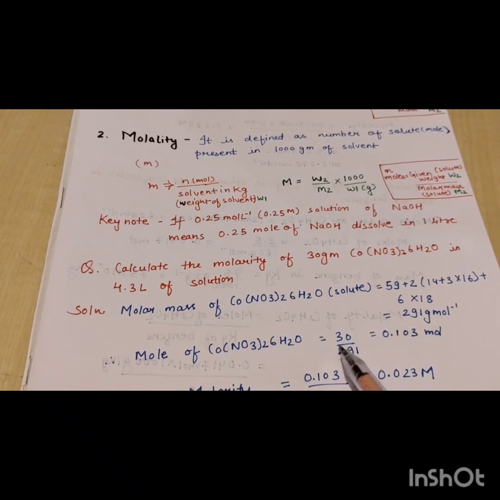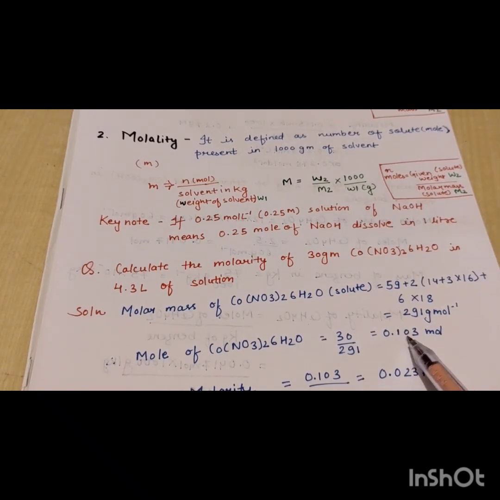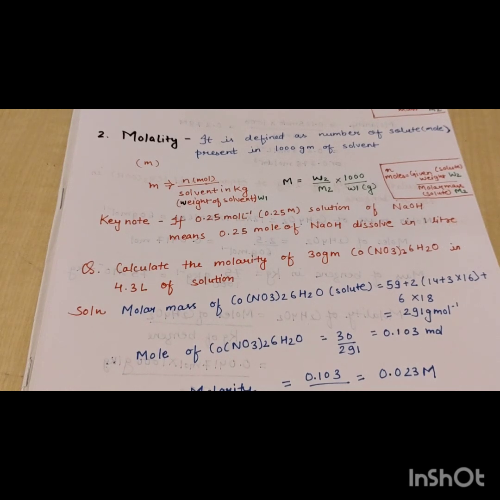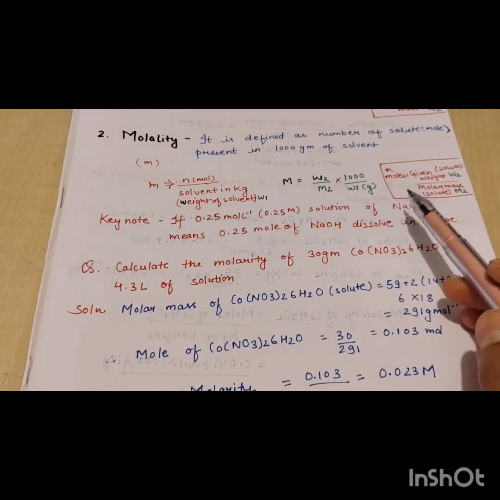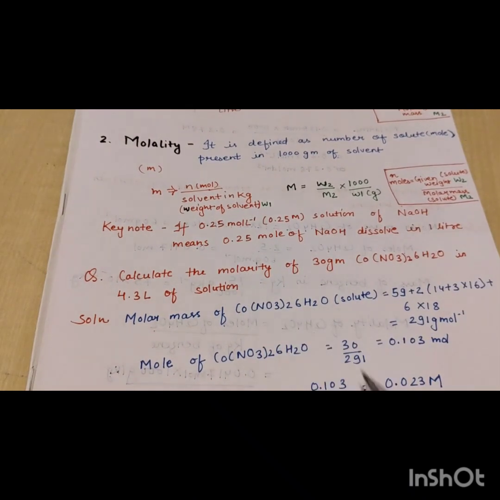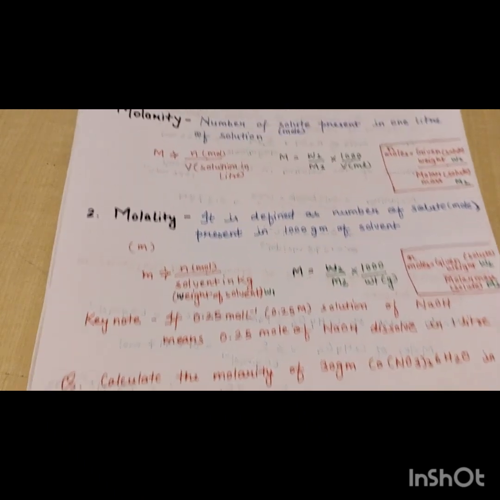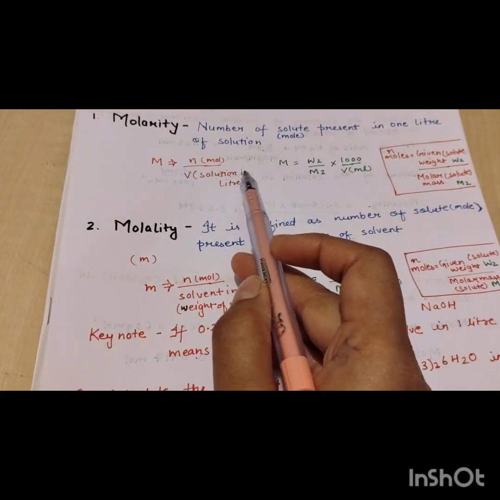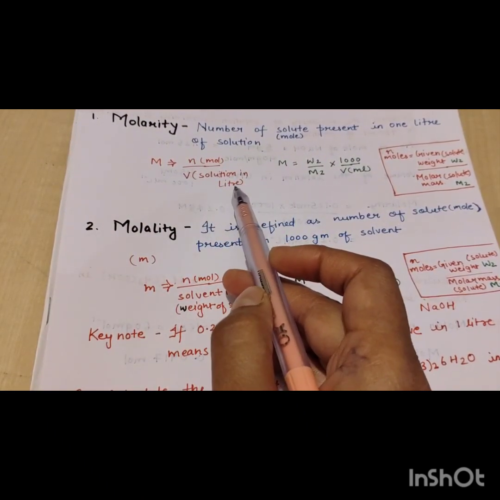By dividing this we find 0.103 mole. Again, the molarity formula is the number of moles of solute dissolved per liter of solution.